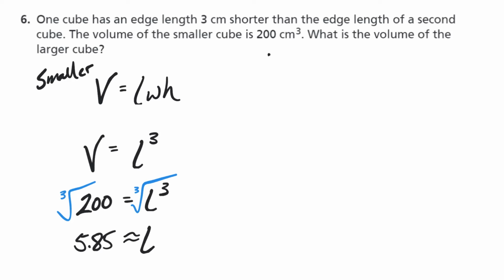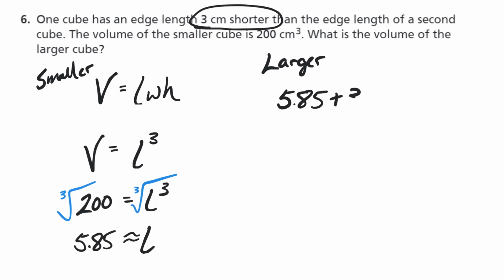So this is the smaller. Well, if the larger one has sides that are 3 centimeters longer, it says the smaller are 3 centimeters shorter. So obviously, to get to the larger one, we take our number and we add 3. So what we learn is the length of the side of the larger cube is 8.85. And if we're trying to find the volume, we will have to cube this number.